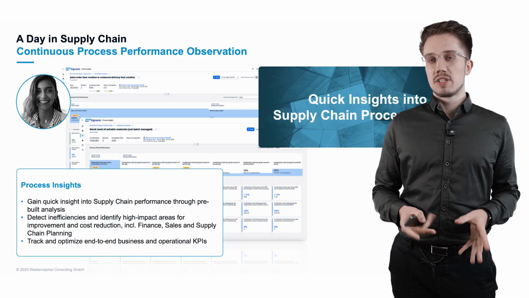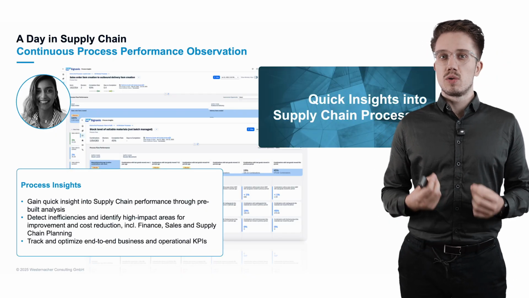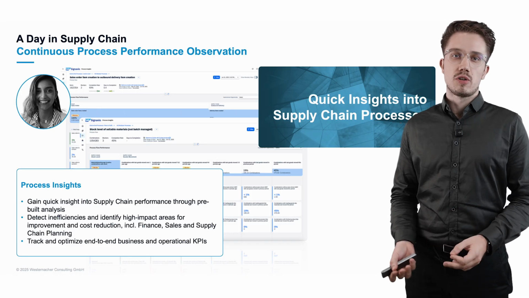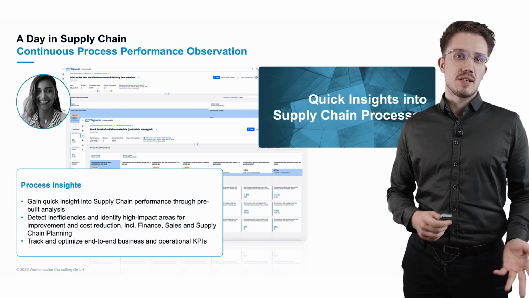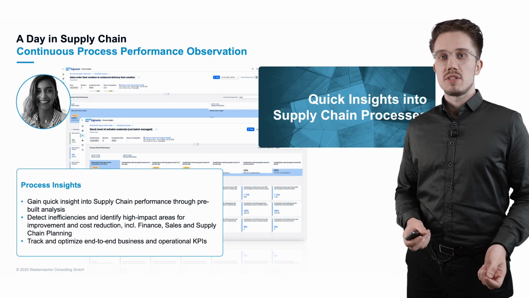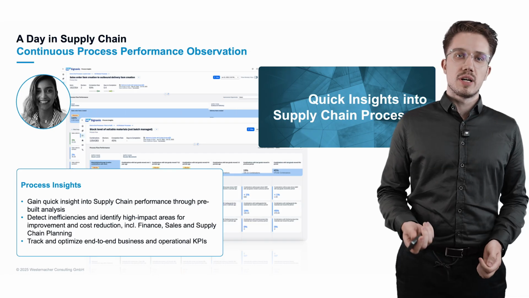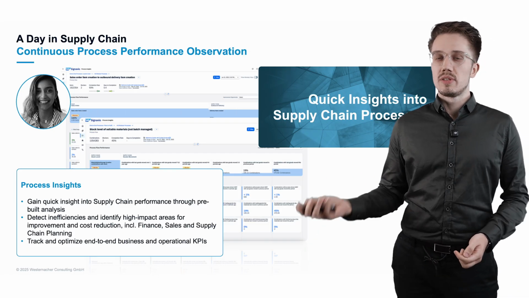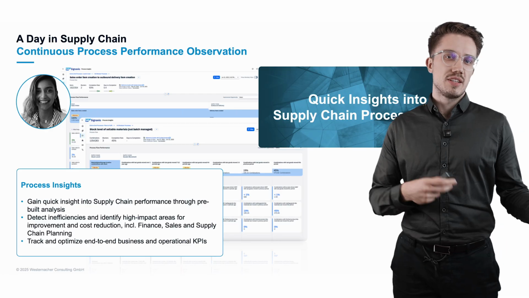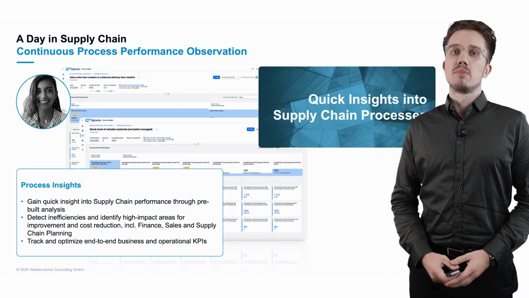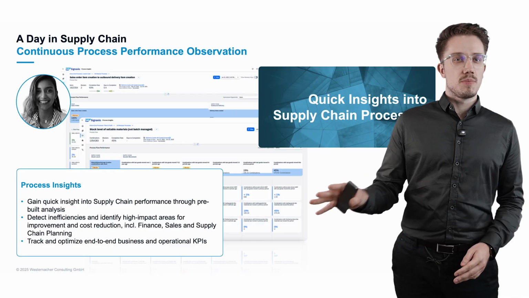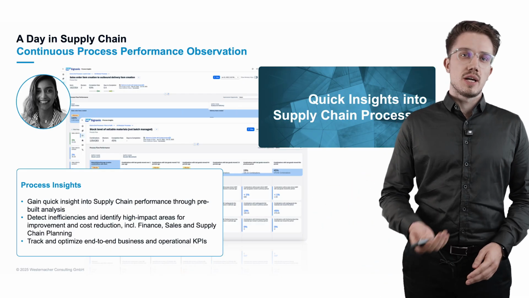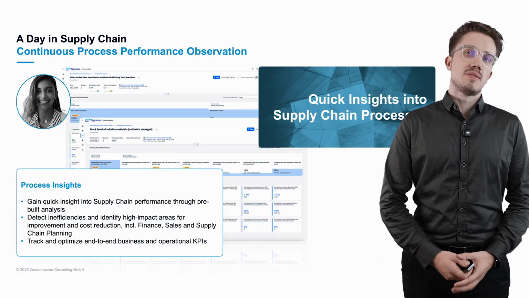With SAP Signavio Process Insights, you can gain quick insights into supply chain performance through pre-built analysis. You can detect inefficiencies and identify high-impact areas for improvement and cost reduction, including finance, sales, and our supply chain planning. And you can track and optimize end-to-end business and operational KPIs.